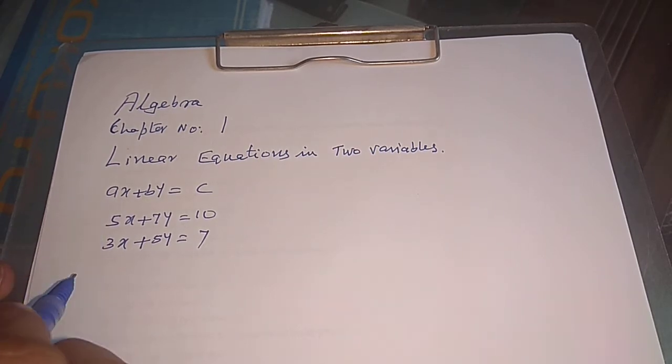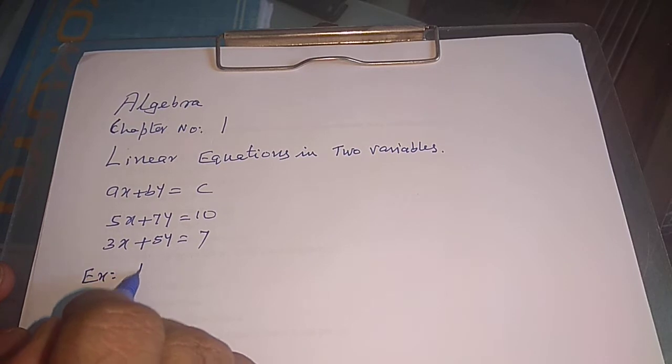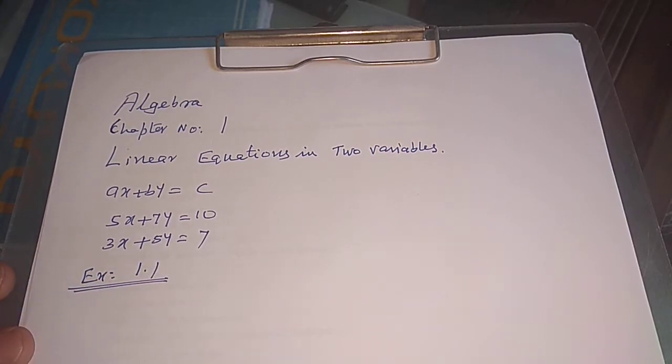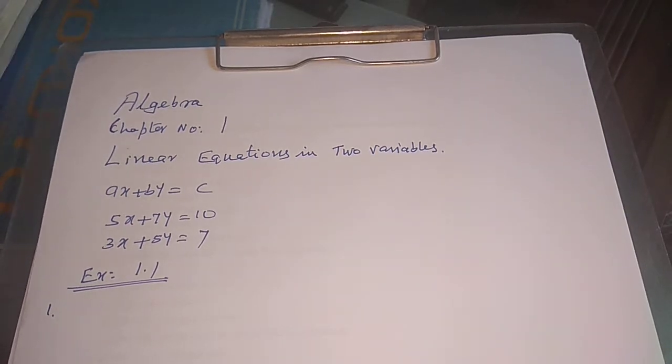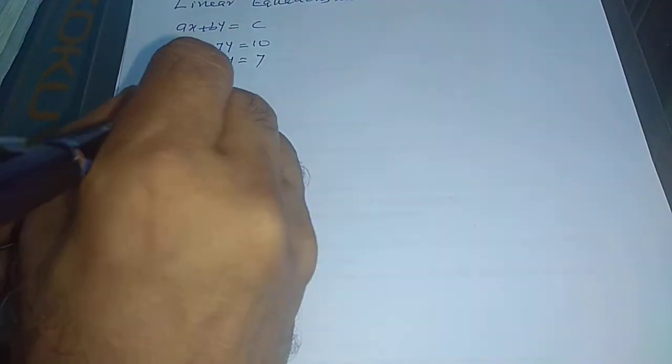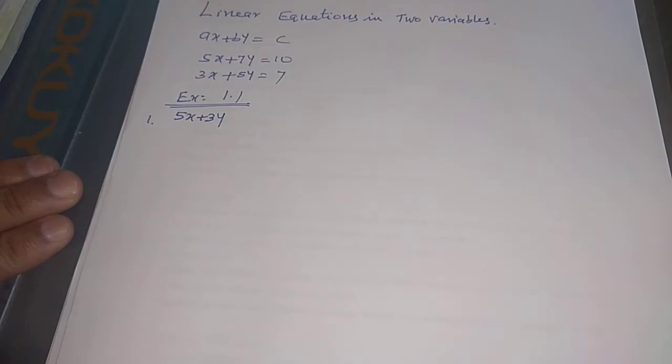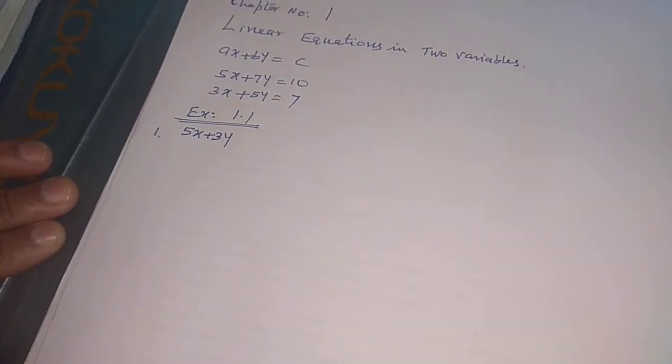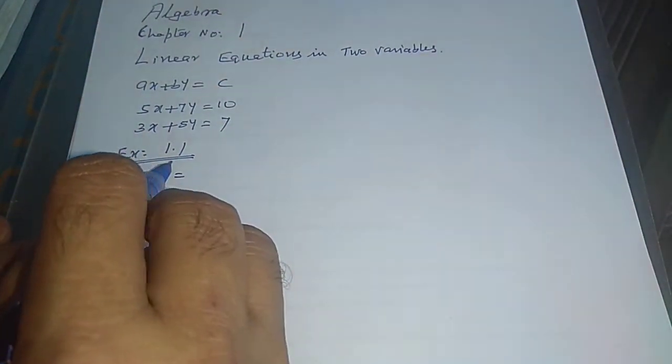We start with exercise 1.1, algebra chapter number 1's first exercise. The first one is an activity based question. The question is 5x plus 3y equal to 9.